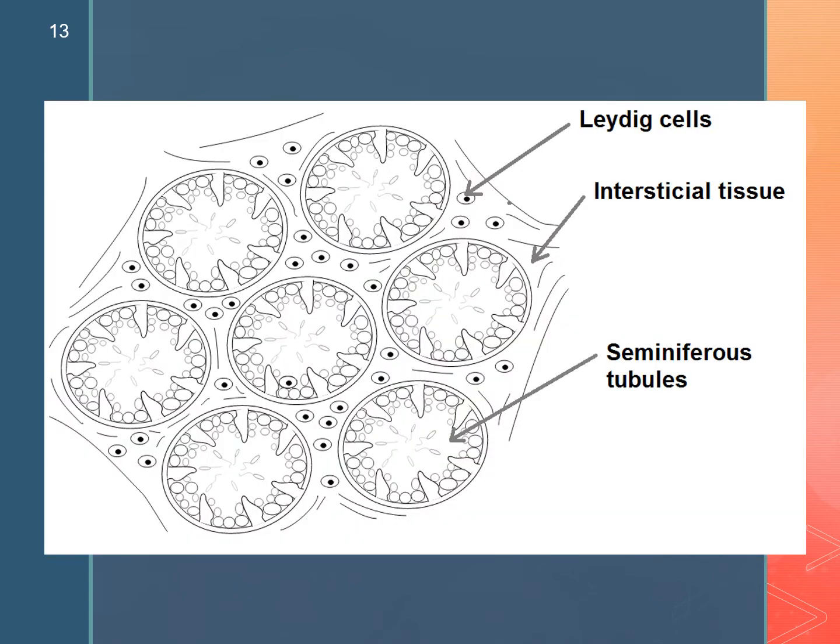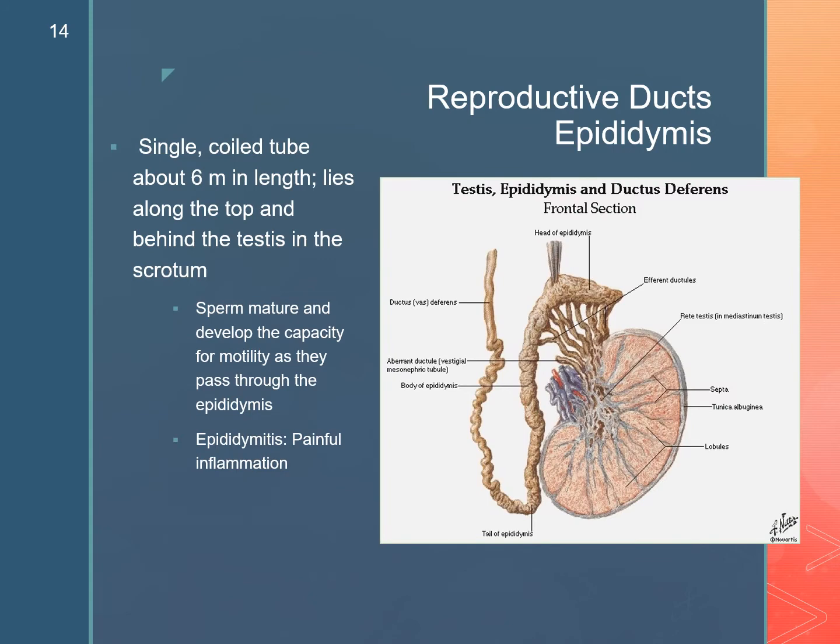Here is just another look at the cross-section of the testicular tissue, these round areas being the seminiferous tubules, and in between spaces, the interstitial spaces, we see those little Leydig cells in there. Once the sperm enter the seminiferous tubules, they begin their long journey to the epididymis.